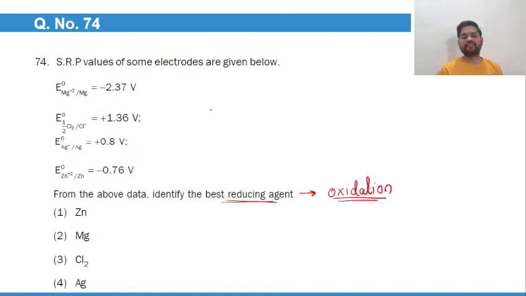Since standard reduction potential is given, the one which shows oxidation will have the maximum magnitude of negative value. Here it is positive, that means it will undergo reduction. So obviously they should not be the answer. Sorry, not this one. Wait a sec.